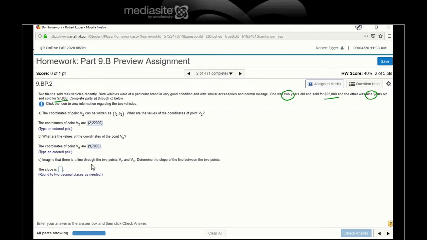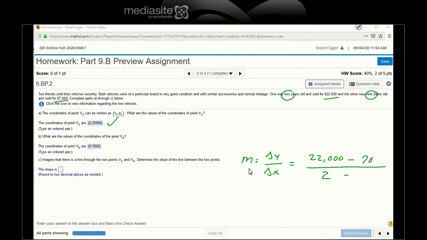And imagine there's a line through B2 and B9. Determine the slope. All right, so M is going to be the change of y over the change of x. I'm just going to pick this one for my first one. So 22,000 minus the next one, and his x value was 2.